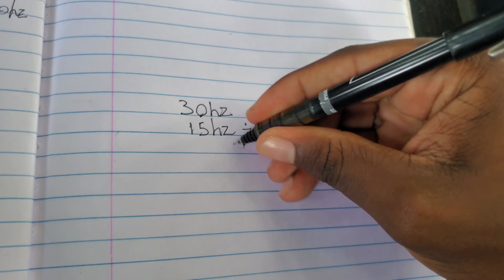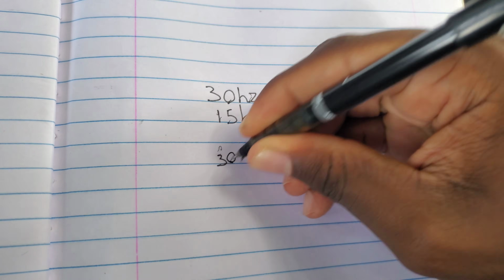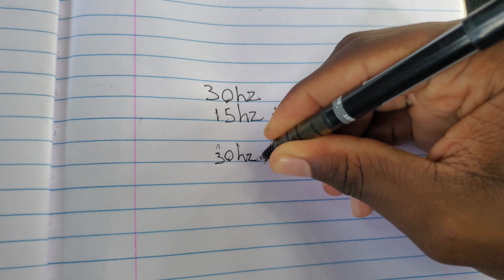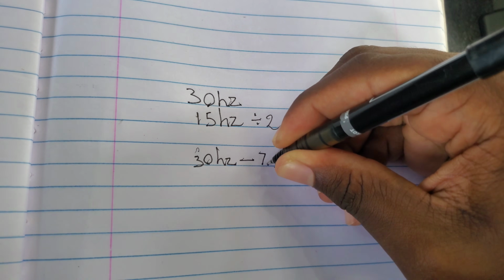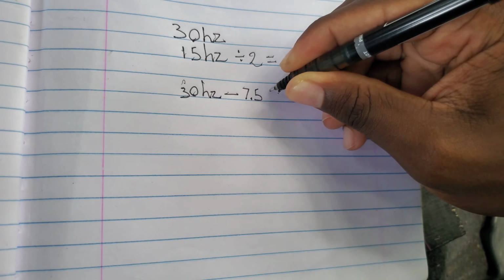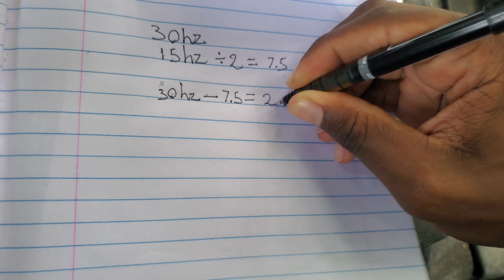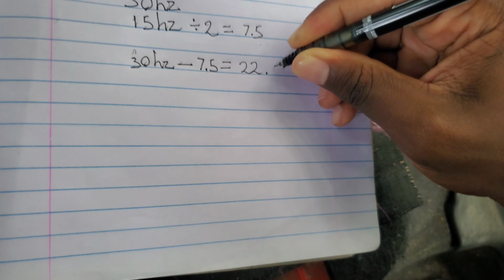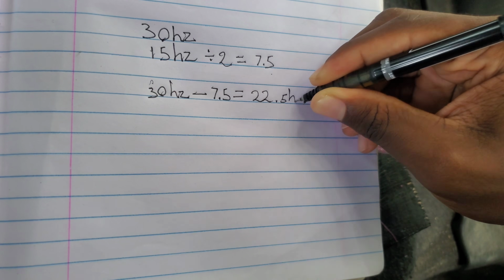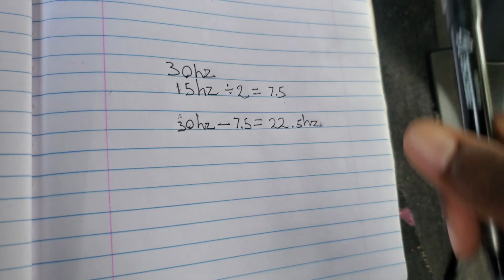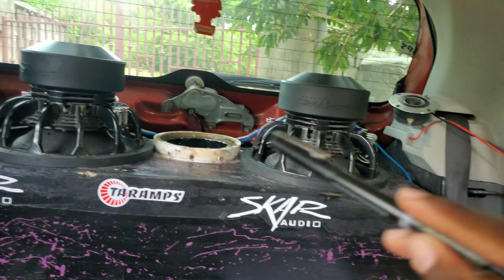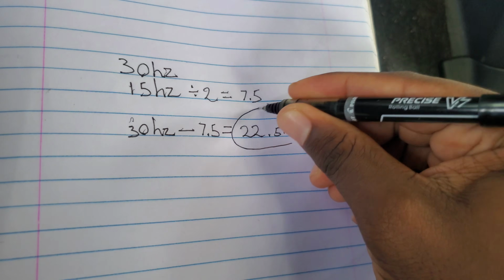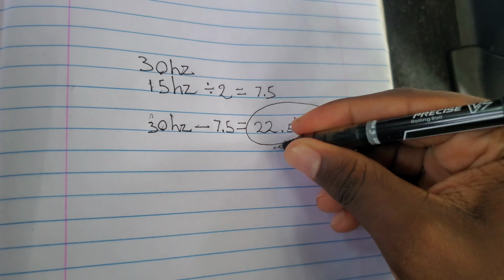So we subtract 7.5 from 30 hertz, and it should give us a value of 22.5 hertz. So this is where we need to set our subsonic filter on our amplifier for our subwoofers.